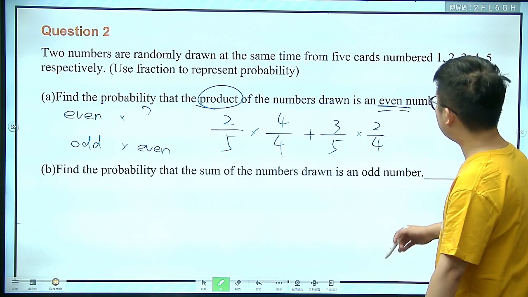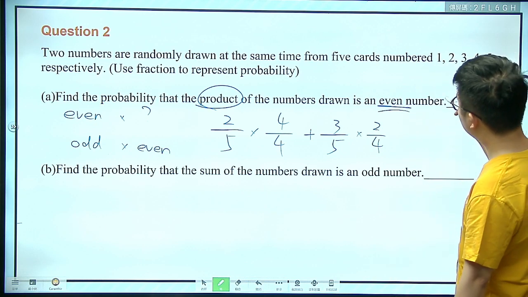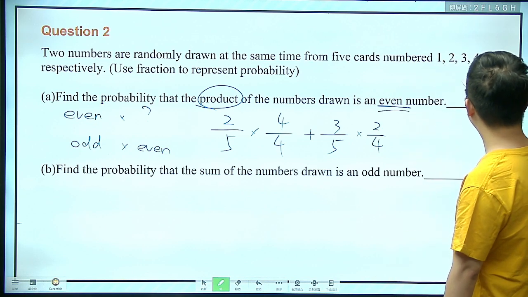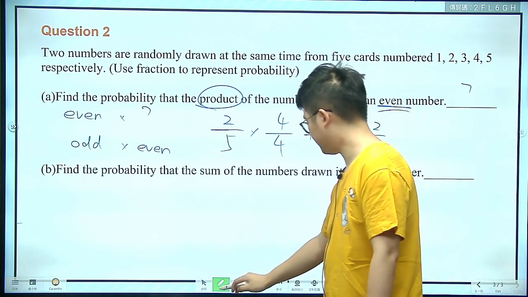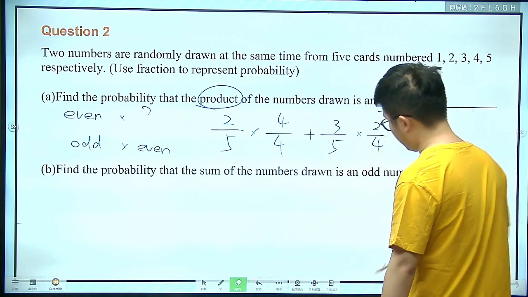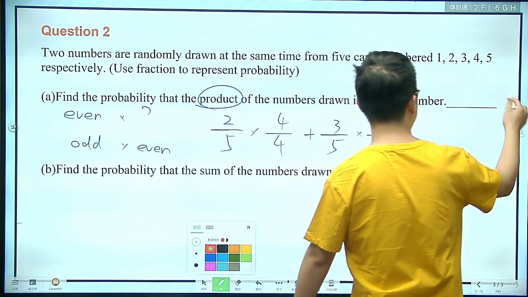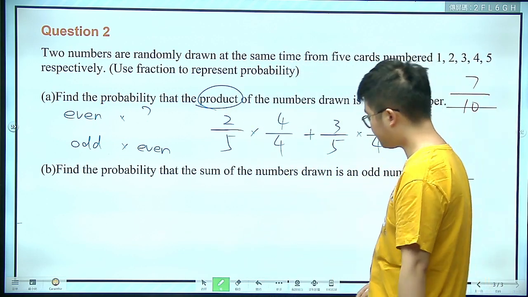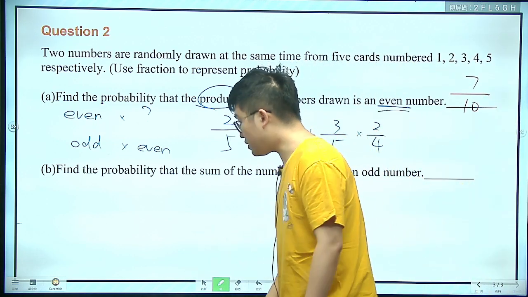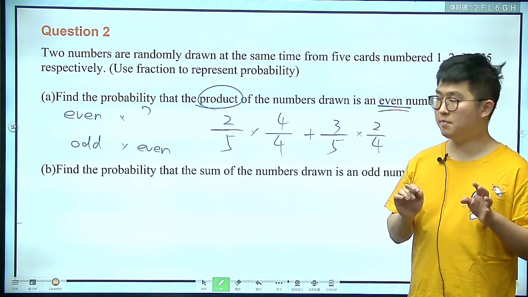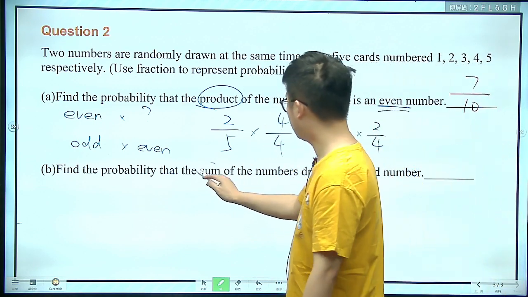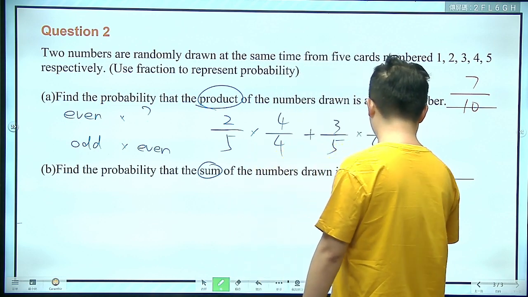If we add them up, it will be 7 over 10.